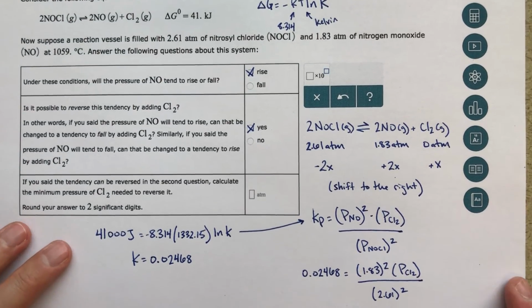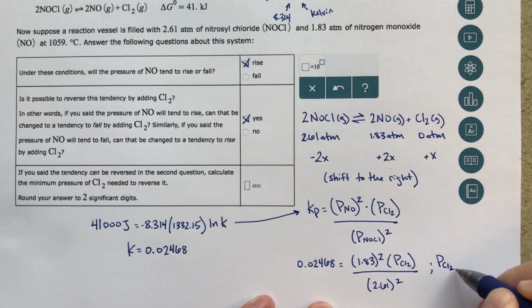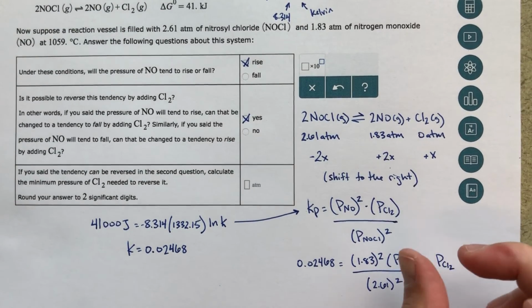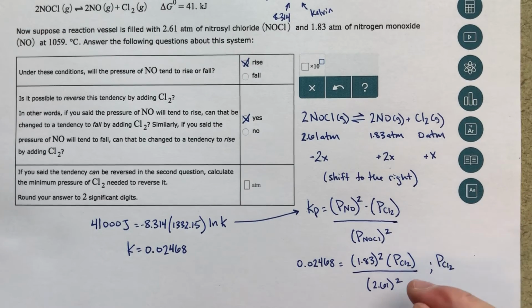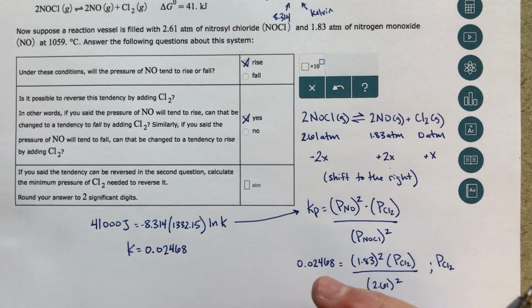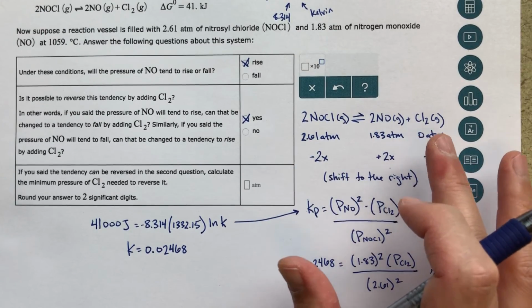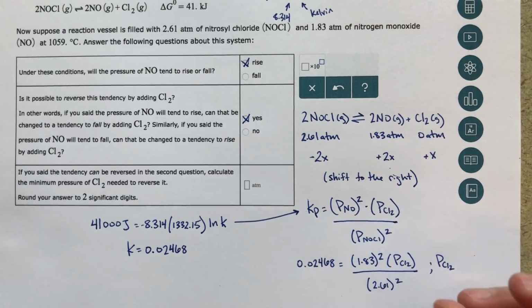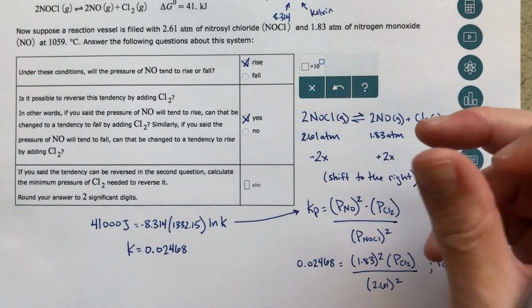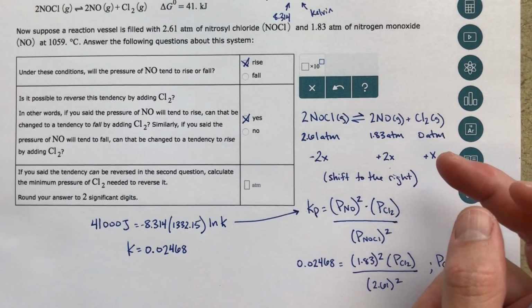If we solve this for the pressure of Cl2, that's going to tell us basically where that tipping point is. It tells us what the pressure of Cl2 at equilibrium would be under these conditions. If these stayed the same, and we figured out what pressure of Cl2 would get us to equilibrium, that's the tipping point between where it shifts to the right versus where it starts shifting to the left.